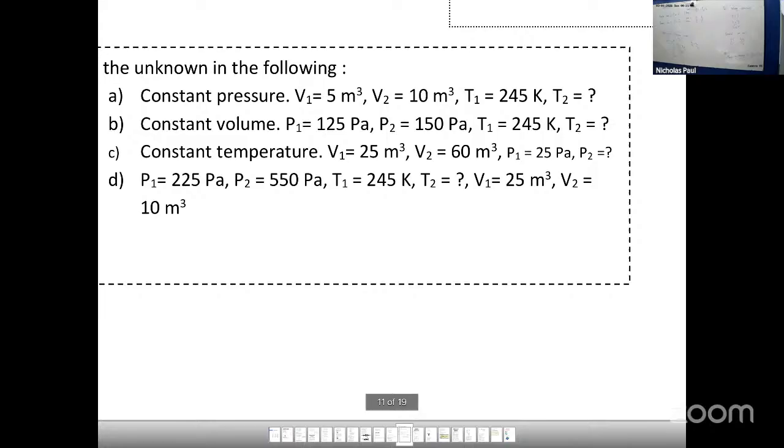Okay, this is P1. It's not right. I got 5. P is in here. Oh, that's P1.